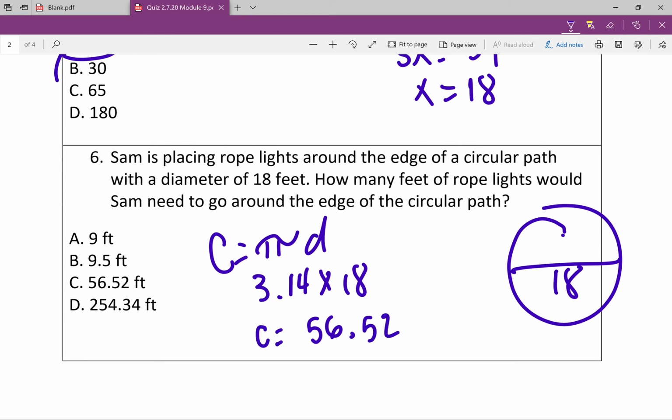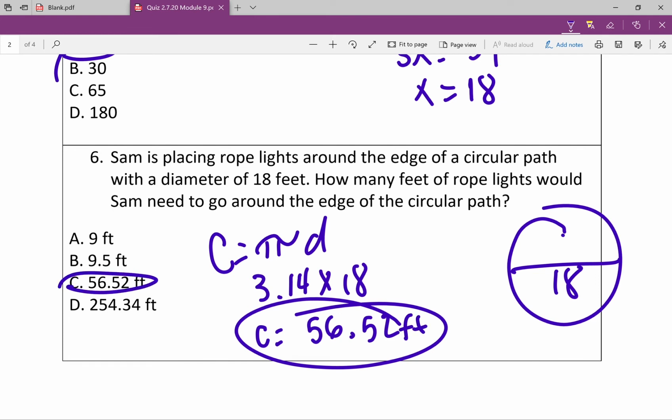That's the circumference. That's the answer. And these are feet. So the answer was C. For circumference, you need the diameter. If the diameter is already given to you, all you have to do is multiply by 3.14.